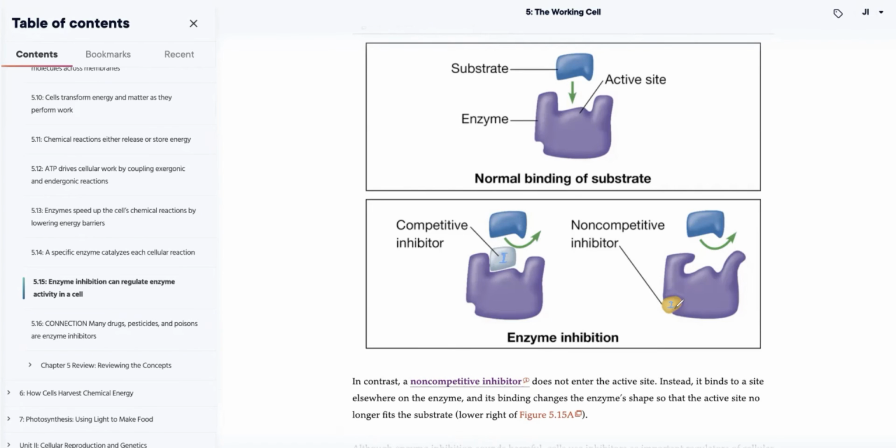But they actually cause the enzymes to change their shape by attaching somewhere else. The non-competitive inhibitor would simply alter the structure of the enzyme to the point where it's no longer able to bind to the reactants, right?